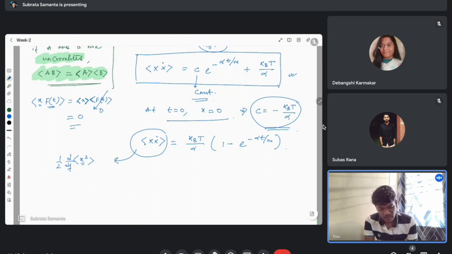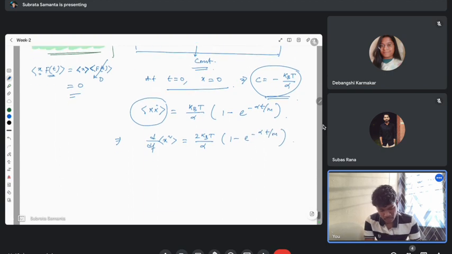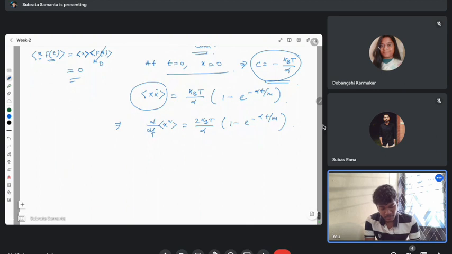So if we write it this way, the equation becomes that the derivative of x square average equals 2 kVt by alpha times 1 minus e to the power minus alpha t by m, right? So now we integrate over time, both sides. This is d, this is dt, so we just integrate.